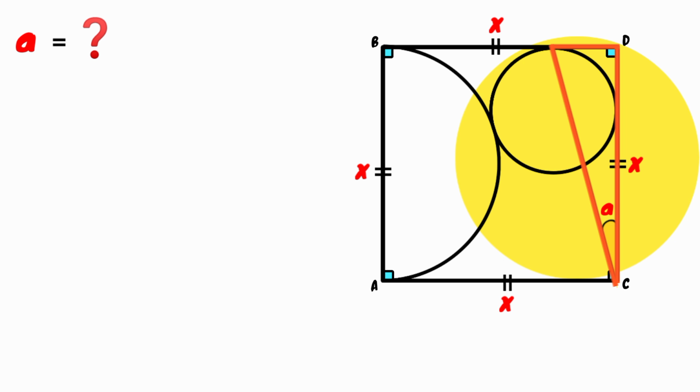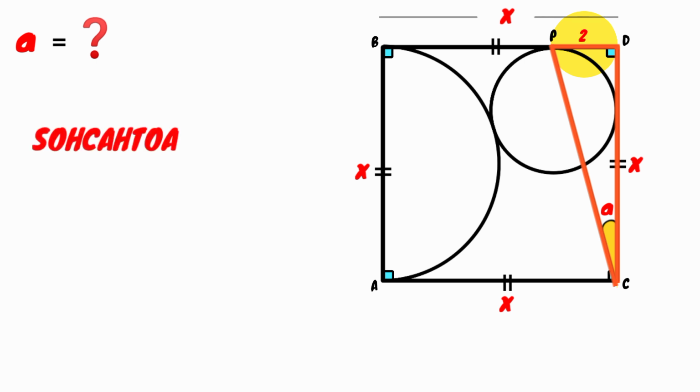Let's assume the length of this side to be 2 units. We use the circle tool on it. Taking this angle as theta, this is the opposite and this is the adjacent. So theta equal to A, opposite equal to 2, and adjacent equal to x.